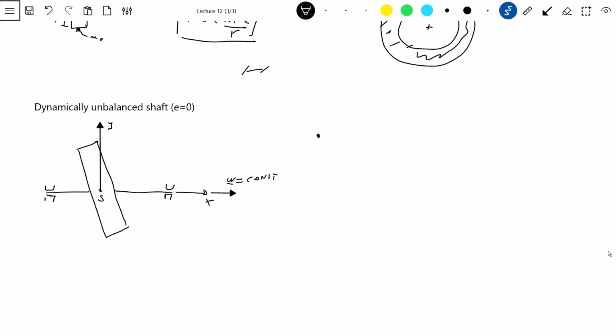Okay, so let's write this down. The main property of the dynamically unbalanced shaft is that the axis of rotation is not parallel to any of the principal axes of inertia.